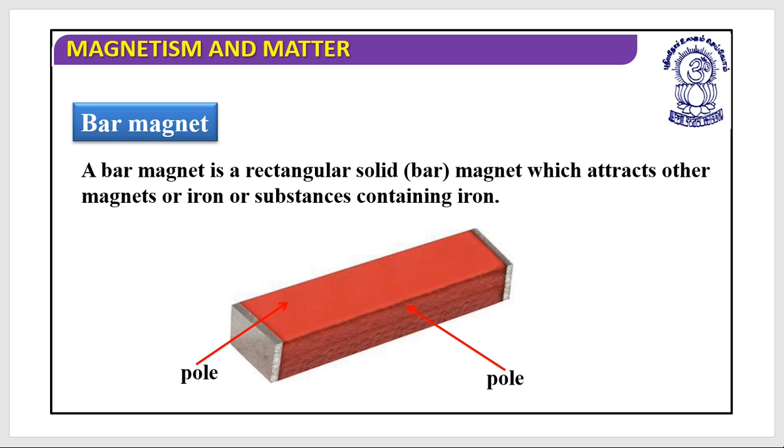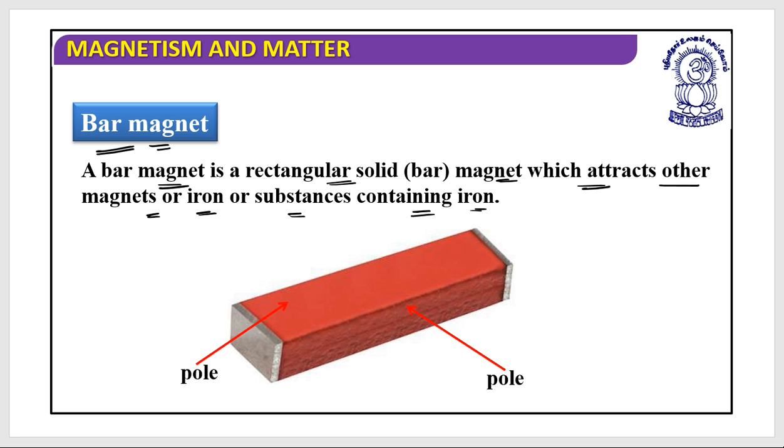Now let's look at the bar magnet. Yes, very famous, and we have studied it in our classes, maybe class 6, class 7, class 8, at various parts of our curriculum. A bar magnet is a rectangular solid magnet which attracts other magnets or iron or substances containing iron.